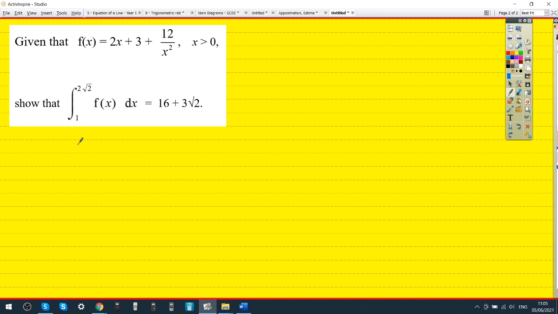So you substitute 2√2 for x, right? Only into the integral. Okay.